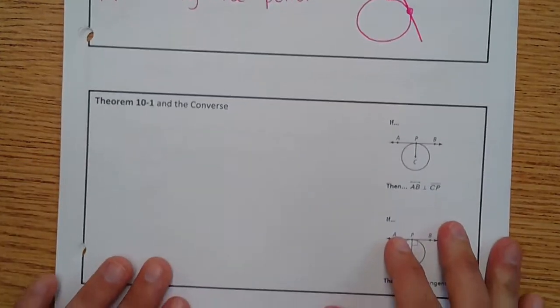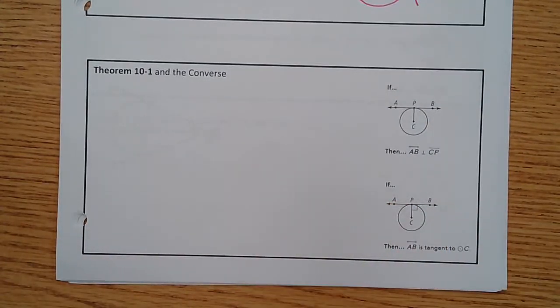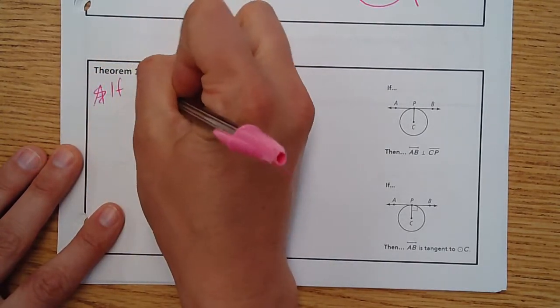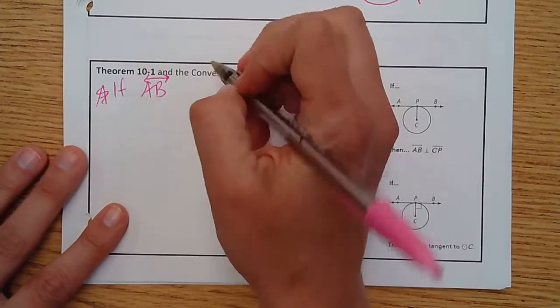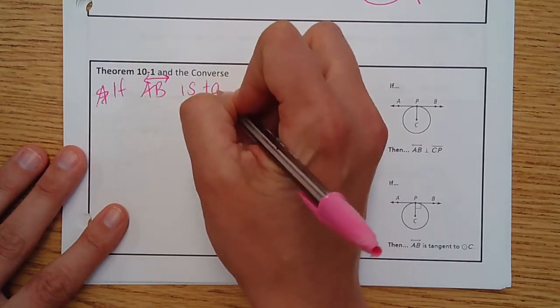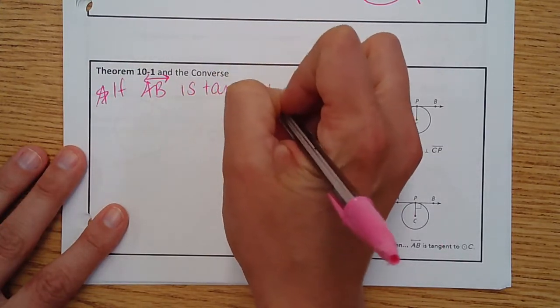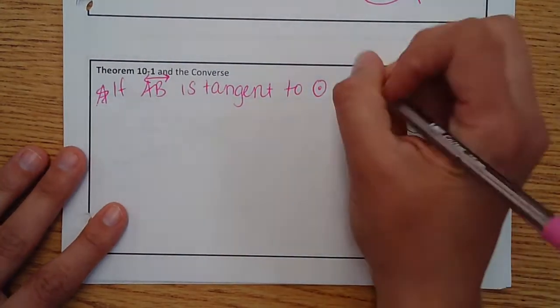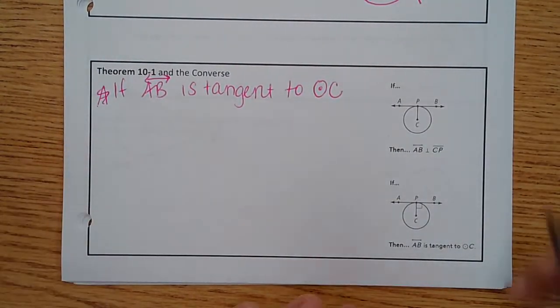Okay, so here we go. Here's the theorem. If line AB is tangent to circle, now that's a symbol for circle, and then the center is how we name it.